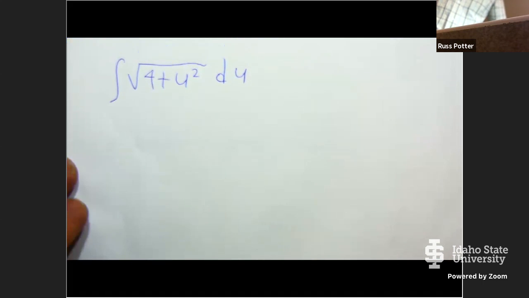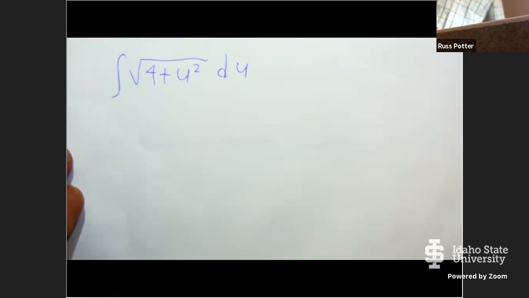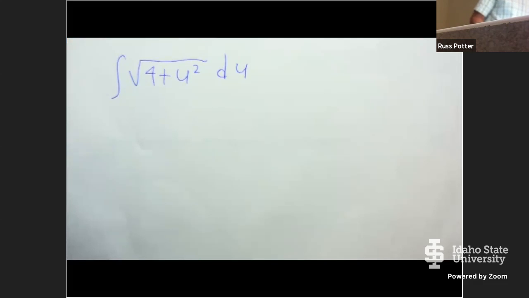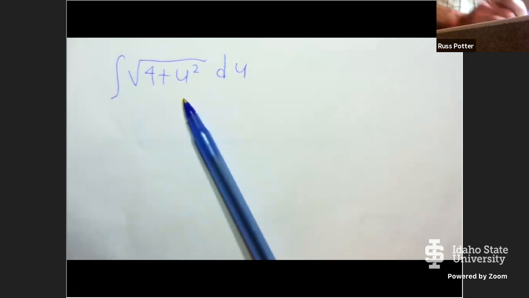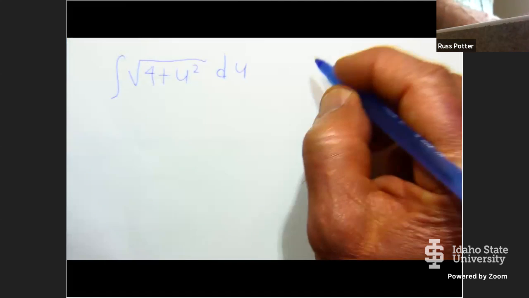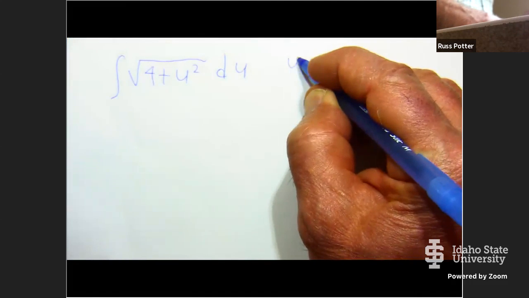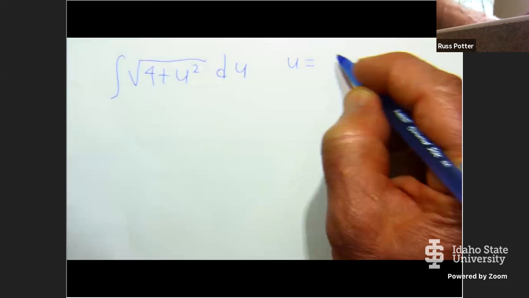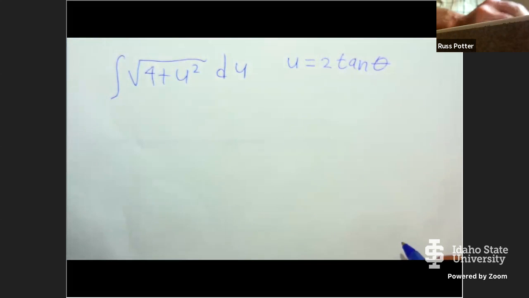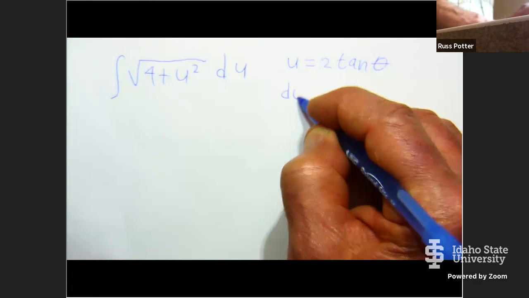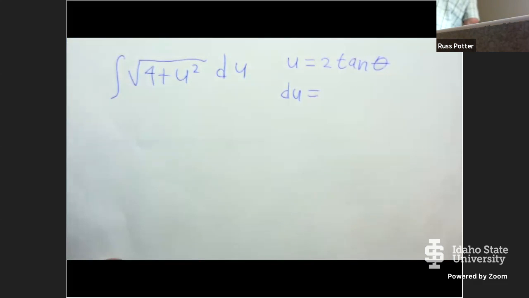So let's just see what happens if we use a trig substitution on this one. So inside the square root, we have 4 plus u squared. So the trig substitution that goes with that is u equals 2 times tangent of theta. And du, so what's du?